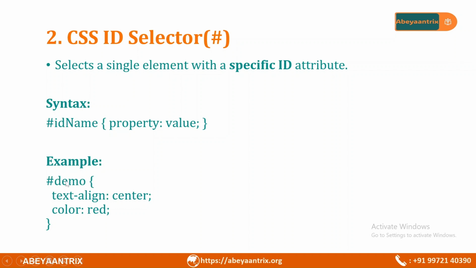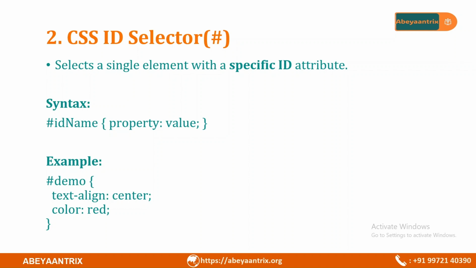Hash demo is the ID name. That ID name we refer to with an element, and I will show you that in a practical example. You should add the styling with the hash symbol and ID name, and there you are going to style the element. When we are using these IDs, each should be unique on a page.